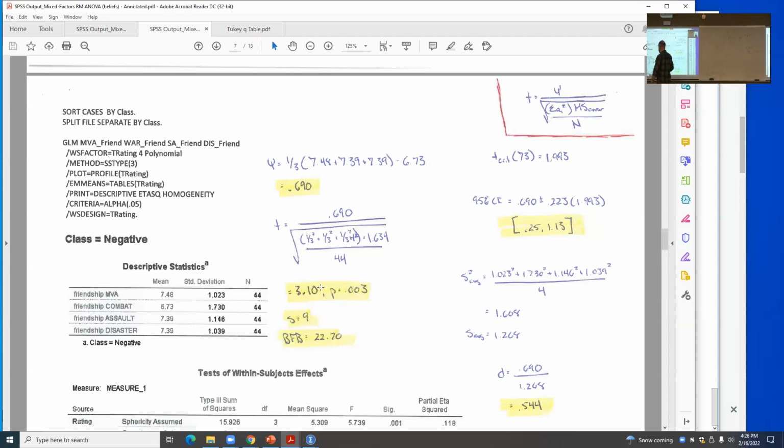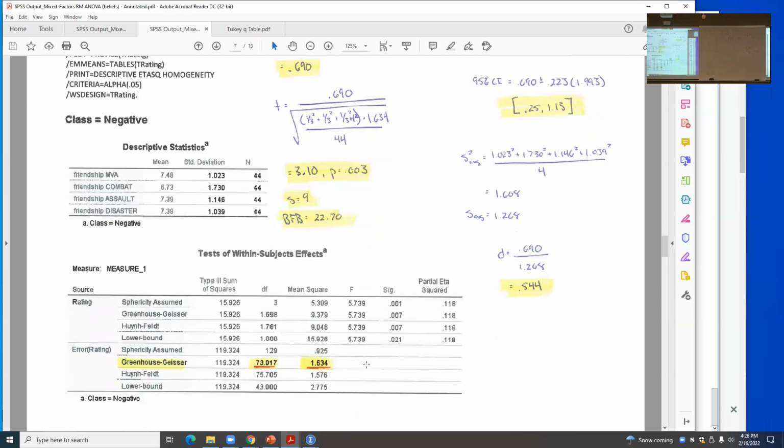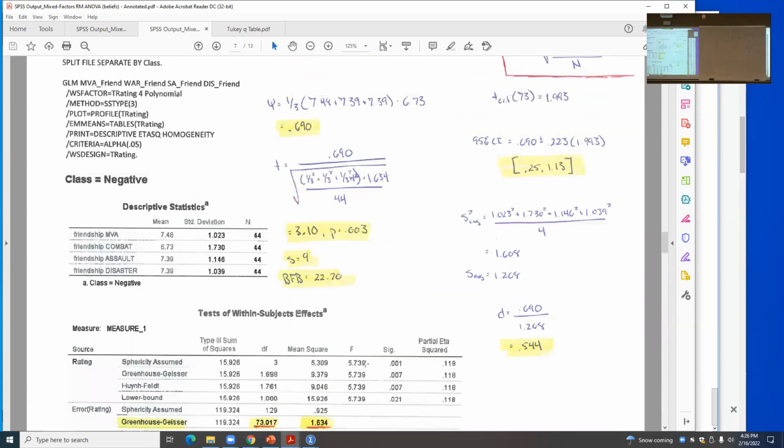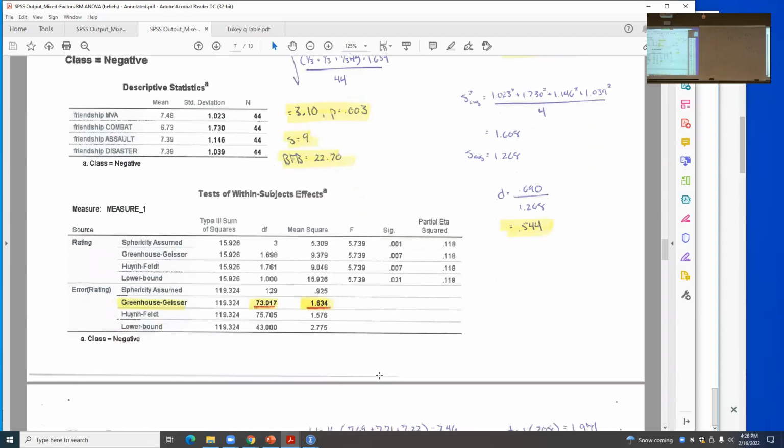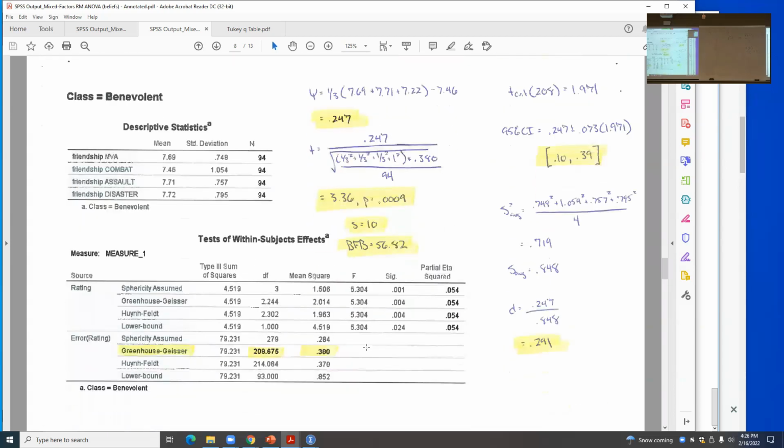So together, this is a lot of hand calculation because SPSS won't do it for you. But this gives us a lot of information about what's going on here. And so what I can then do is run the same calculations for my benevolent class.